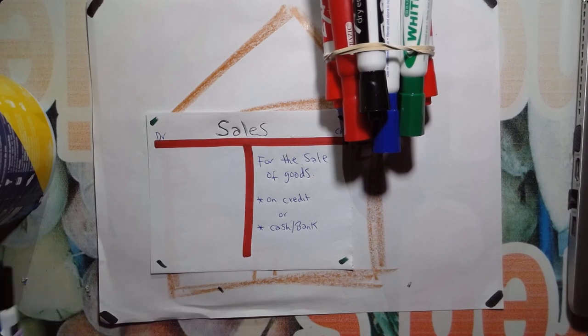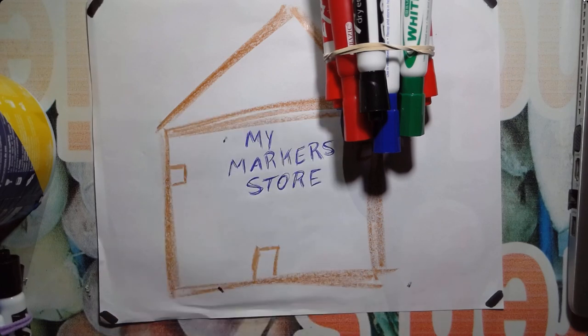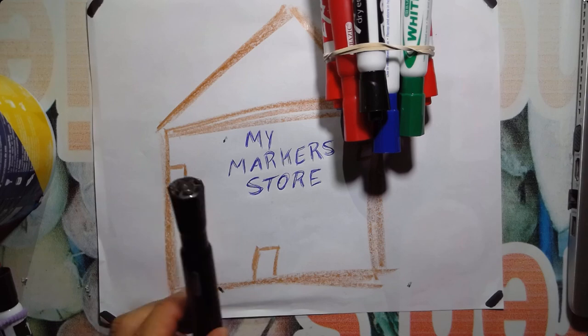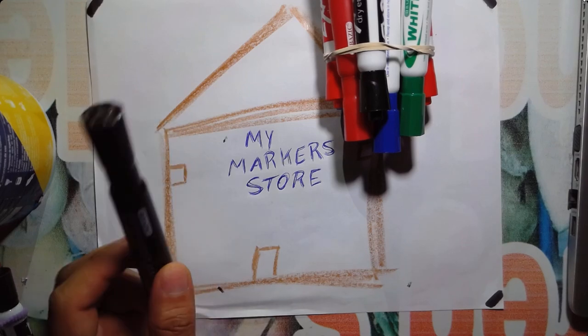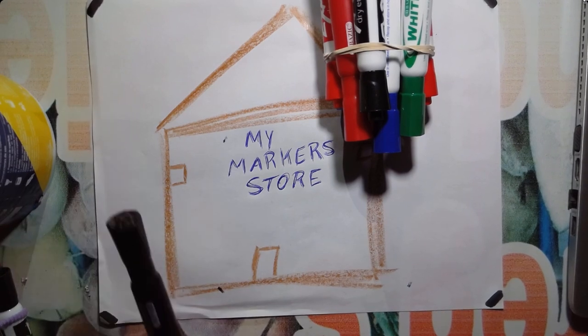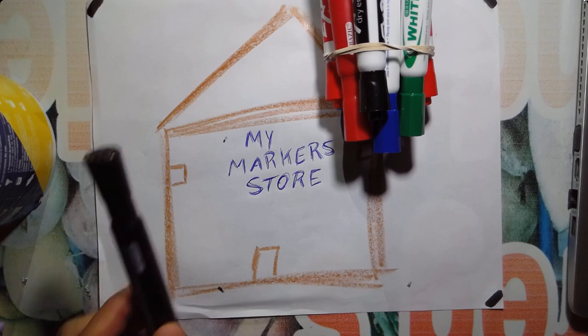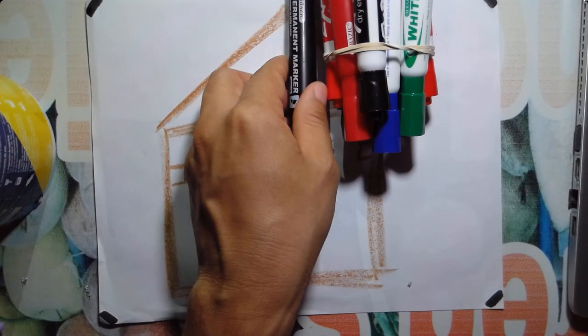Now, let's pretend that after that sale, the customer who took the markers realized that one of the markers was not working properly. So he would like to return one marker back to me. If the customer is returning this marker to our business, then this marker will need to come back here.